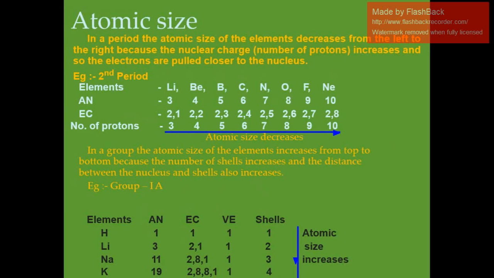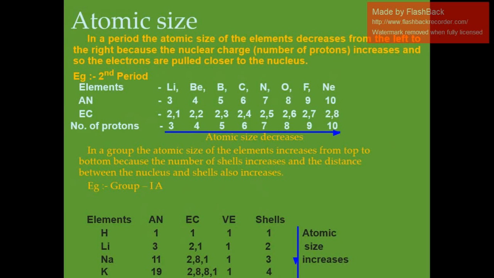As we move from left to right in a period, the atomic number of each succeeding element increases by 1. This means that the number of protons in the nucleus and the number of electrons in the extranuclear part increase by 1.